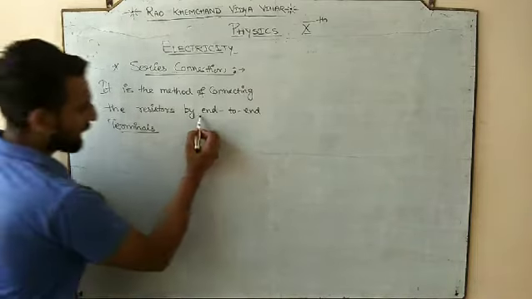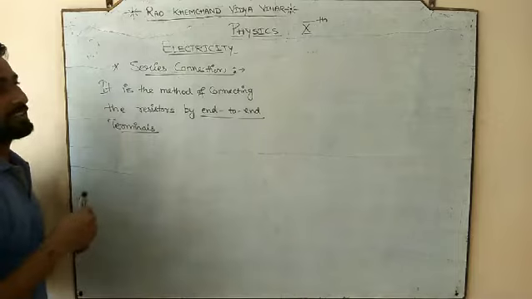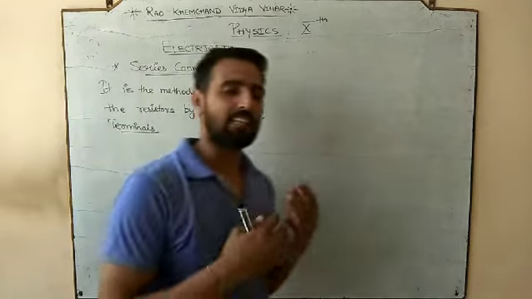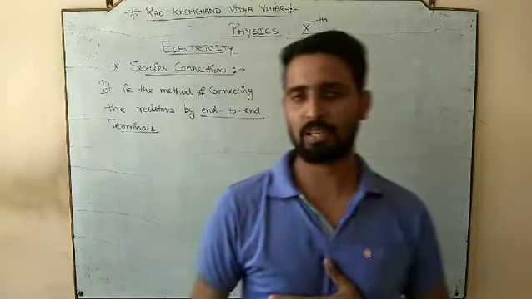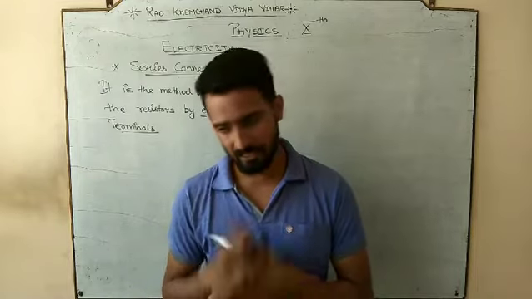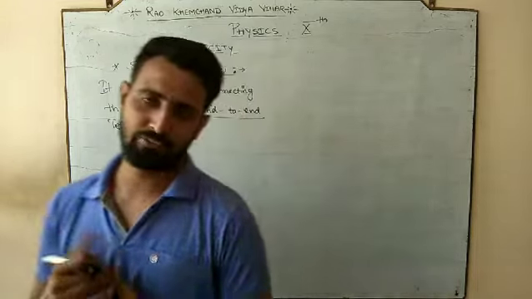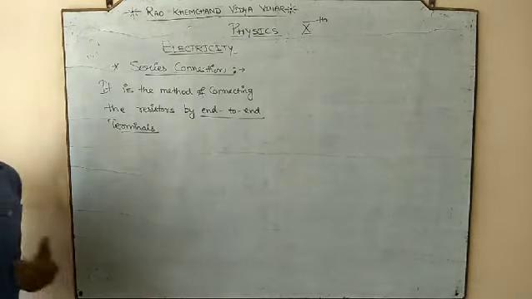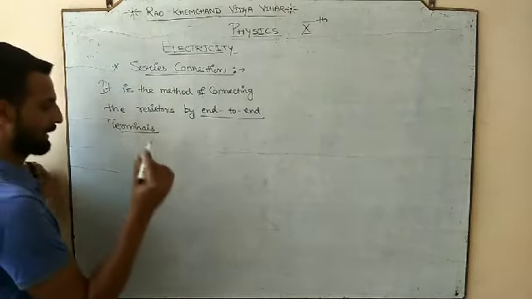If I say it simply, there are various definitions and various methods of explaining the series connection. Series को समझाने के बहुत सारे तरीके हैं, and technically the definition that I use here is end to end terminals. What is that meaning?